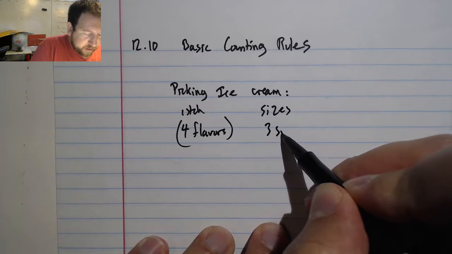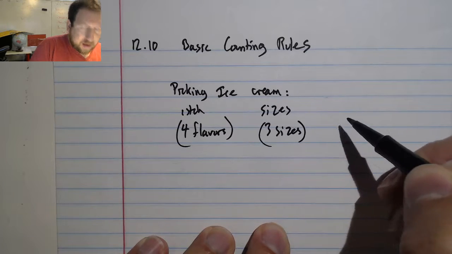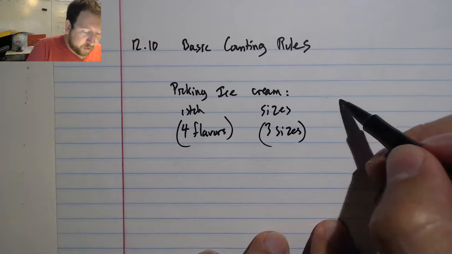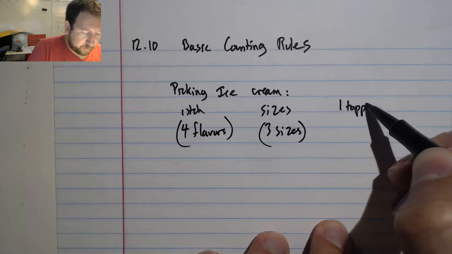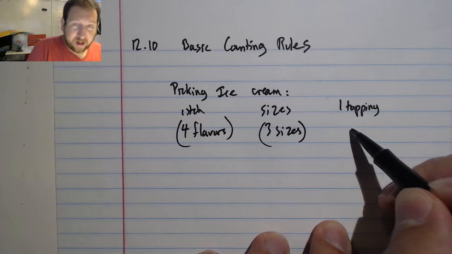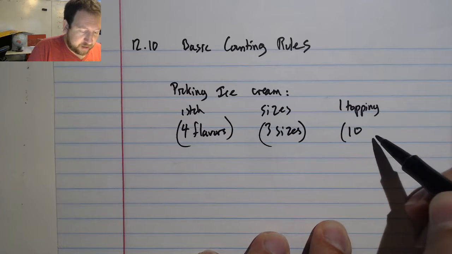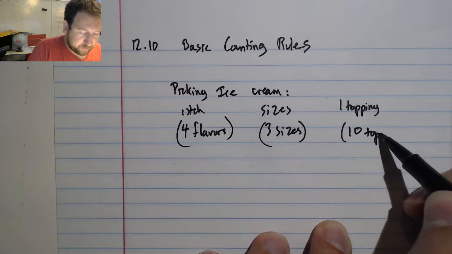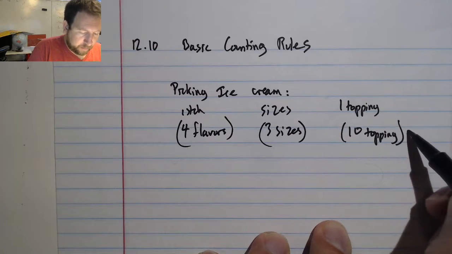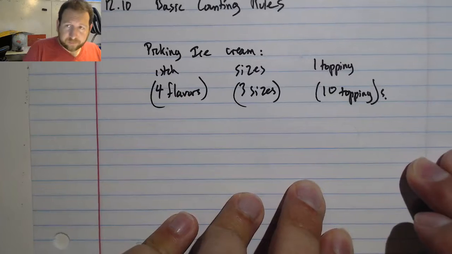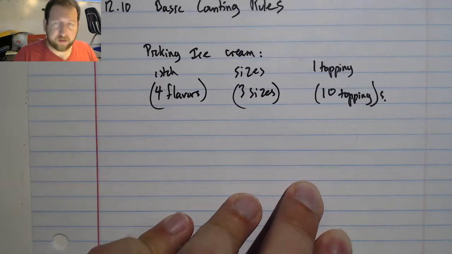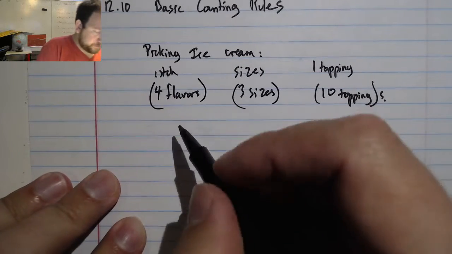There are 3 sizes. And say we can also pick a topping, only 1 topping. But they have a lot of toppings. They have 10 toppings. And we could ask the question of how many total different kinds of ice cream can we make?